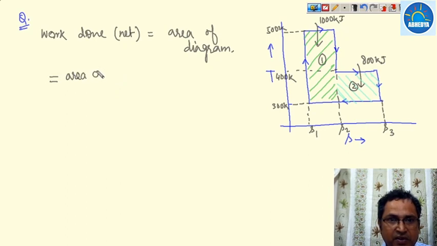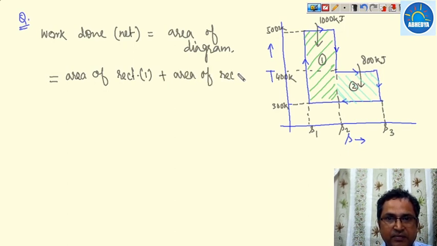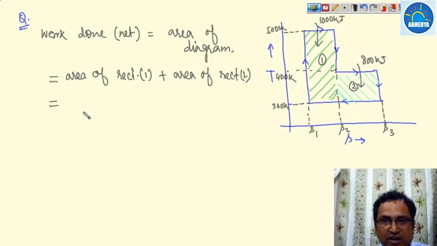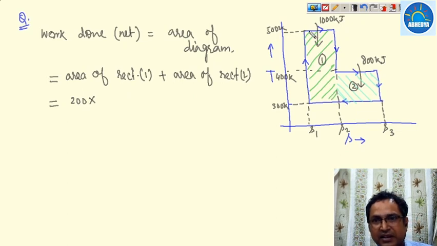So what is the area of the first rectangle? This distance is 200, length 200 multiplied by this width. What is this width?